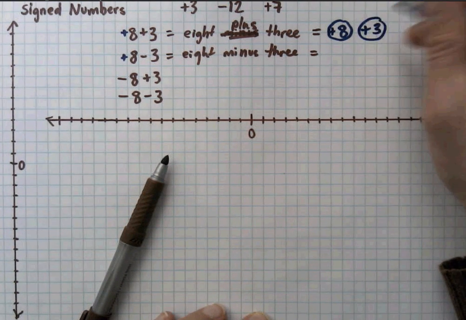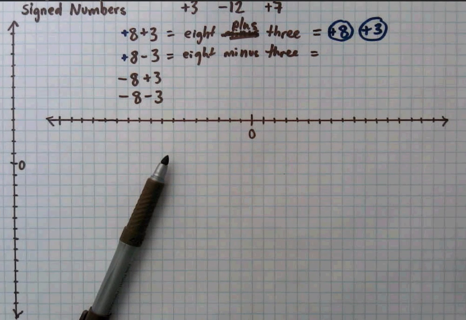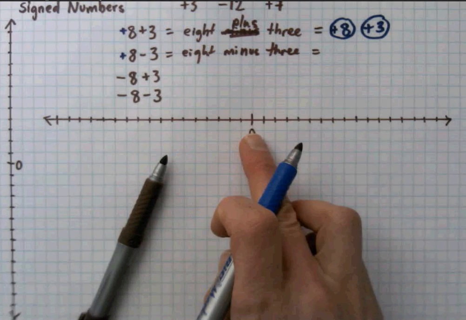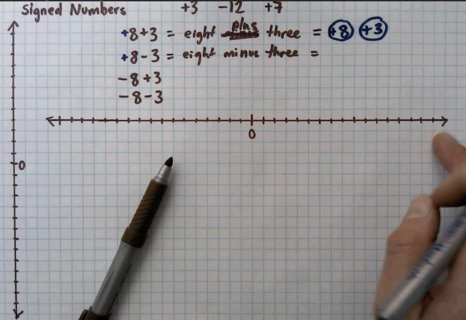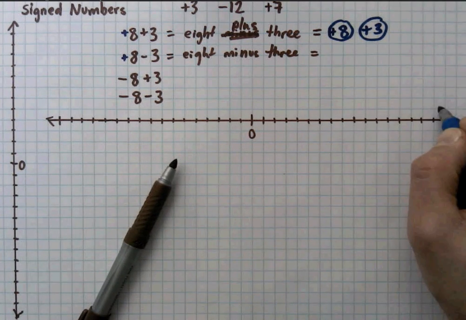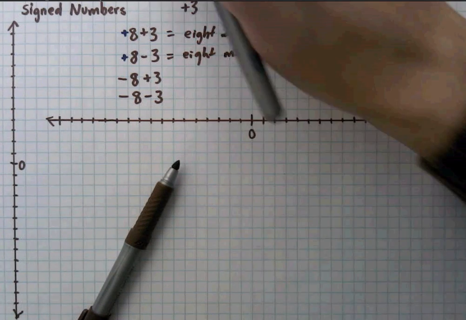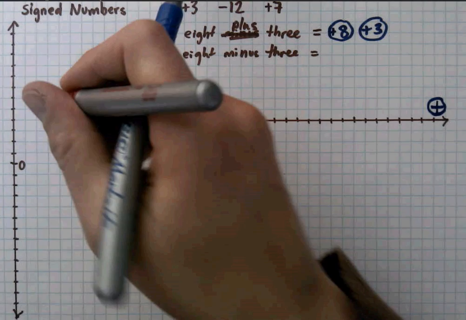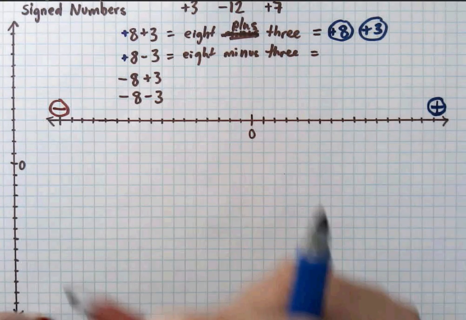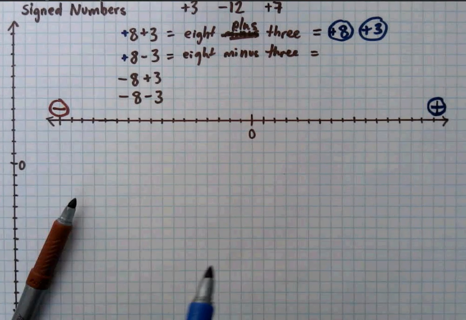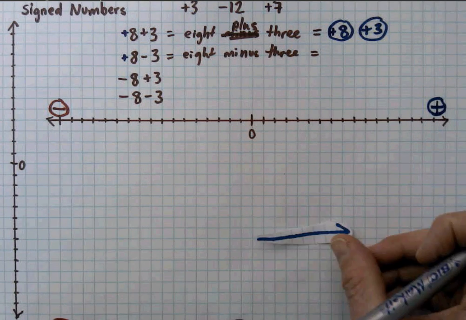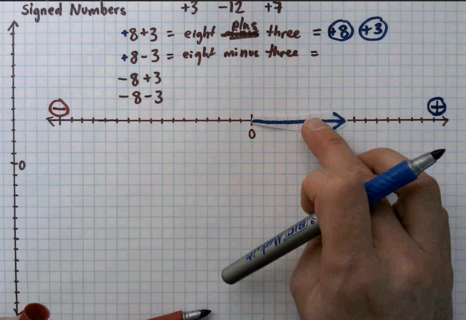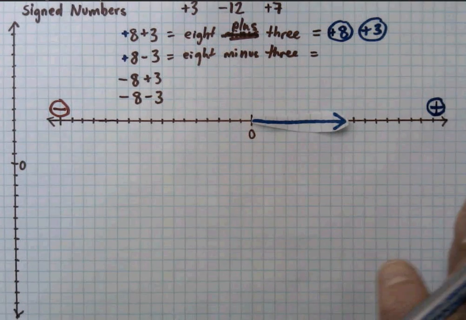On the number line, we'll start with the horizontal number line. The right-hand side is positive, and the left-hand side is negative. So if I have a +8 being combined with a +3, I'm talking about a number that has 8 units length traveling in the positive direction, and another number that's also traveling in the positive direction.